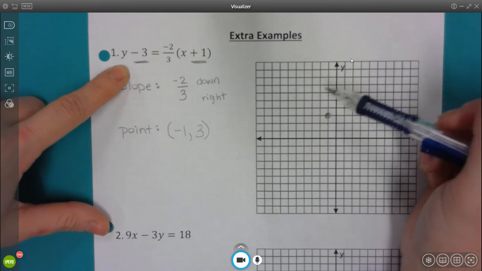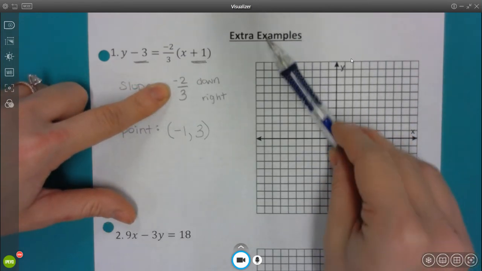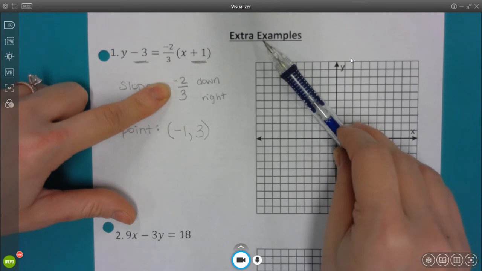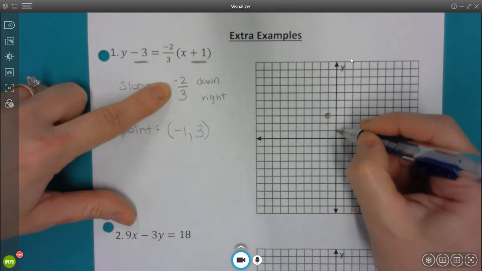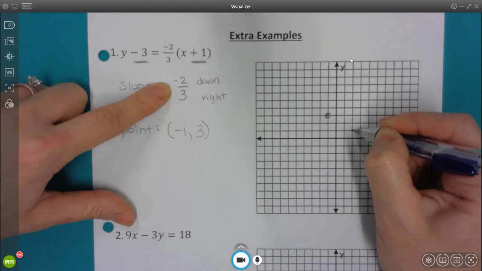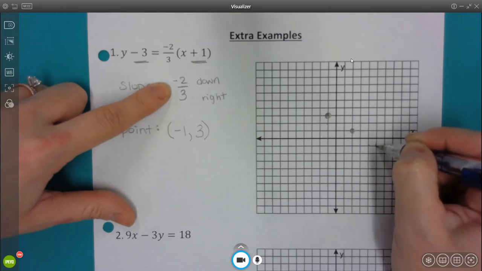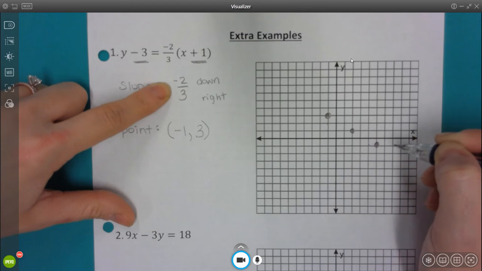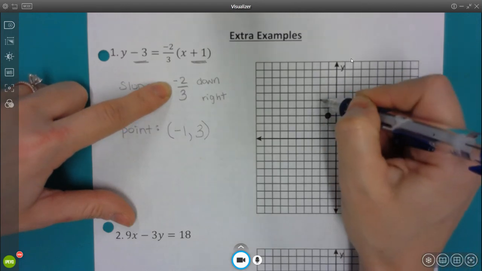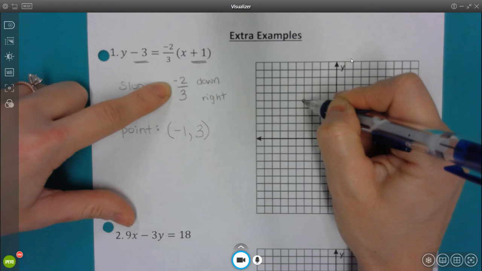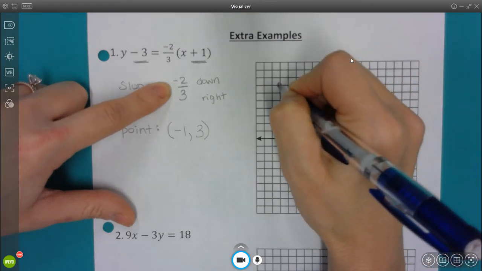And now I'm going to use my slope. Since my slope is negative, I know that ultimately my graph is going to go this way. I'm going to be decreasing. So I'm going to go down 2 and to the right 3. On the flip side of that, I'm going to go up 2 and to the left 3.